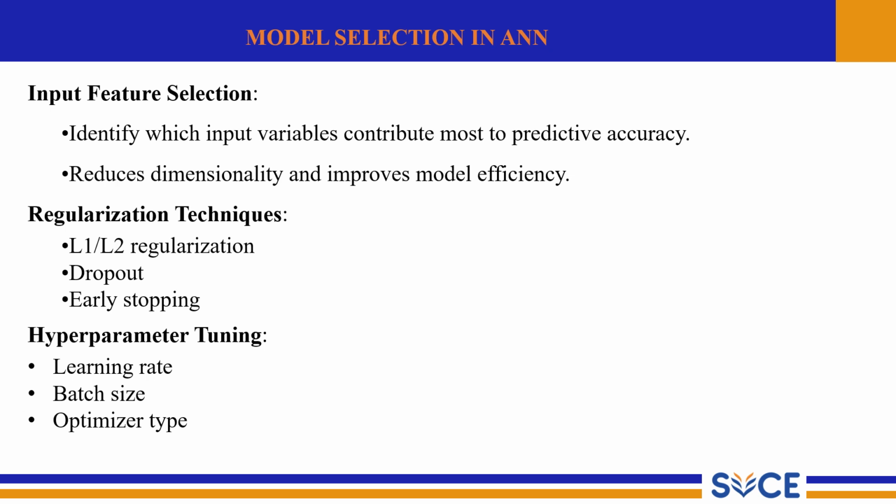Learning rate determines how quickly the model updates weights, batch size is the number of samples processed before updating the model, and the optimizer type such as SGD, Adam and RMSprop, each with its own strengths. Together these techniques form the backbone of effective deep learning workflows. They help us to build models that are not only accurate but also efficient and resilient.